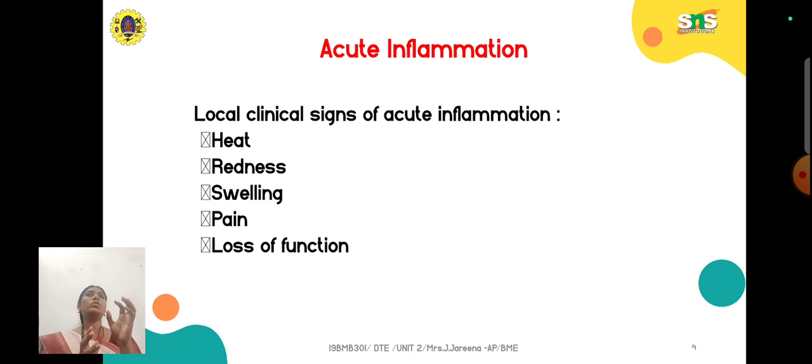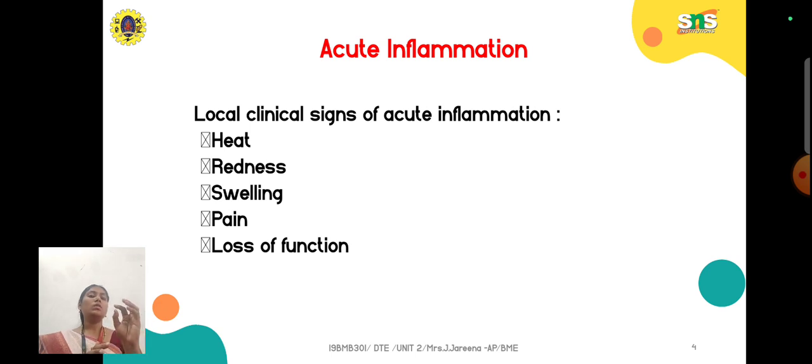We should know the basic concept of inflammation, why it actually happens, and whether it is a good sign or a bad sign. If it is a good sign, then what kind of therapy do we go for, and if it is a bad sign, what kind of therapy, then only can we decide. So in this class we are going to see the impact of inflammation and the actual mechanism happening during inflammation.